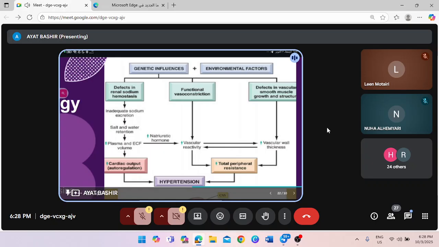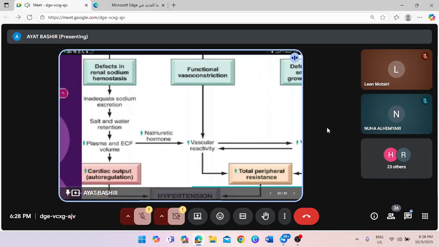Or we have functional vasoconstriction from genetic influence, where there is vasoconstriction in the blood vessels, so this will increase the vascular reactivity. Here I forgot to say that when there is a high extracellular fluid volume, the natriuretic hormone will increase.